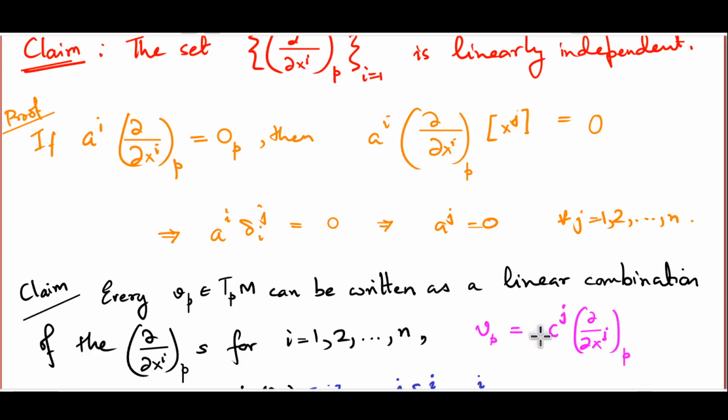That is, you can write every V_p as c^i ∂/∂x^i at p, c^1 ∂/∂x^1 at p plus c^2 ∂/∂x^2 at p plus c^3 ∂/∂x^3 at p up to c^n ∂/∂x^n at p.